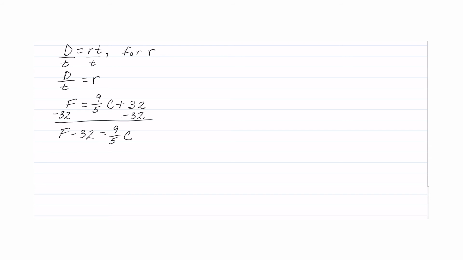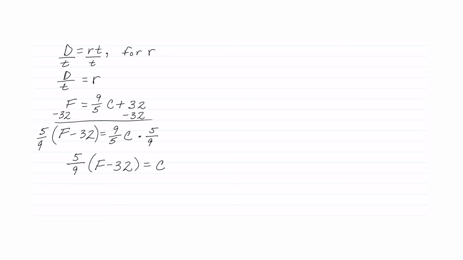Now in order to get rid of the 9/5, I need to multiply by the reciprocal, which is 5 divided by 9, and I have to do this to both sides. So 5/9 times the quantity Fahrenheit temperature minus 32 degrees is going to equal the temperature in centigrade.